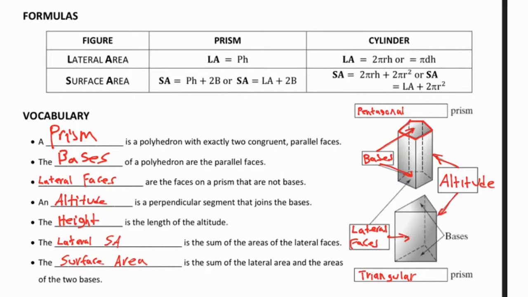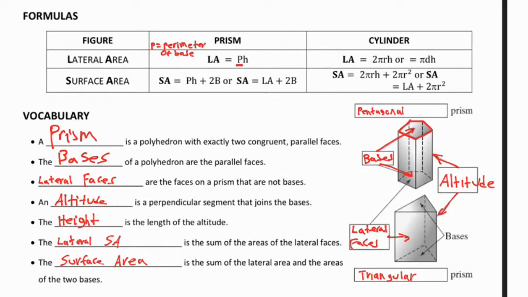So now that we know some vocabulary here, now we can look at our formulas. So first talking about lateral area. So to find lateral area on prisms, the capital P stands for the perimeter of the base. So I want you to actually write this in your notes. It's going to be the perimeter of the base.